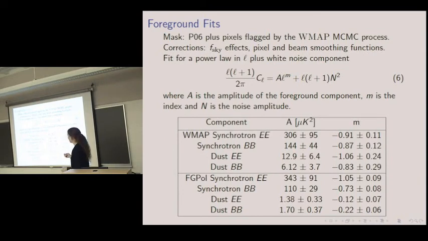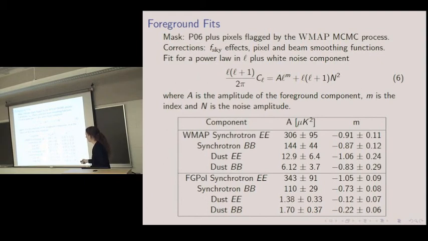So this is along the same lines as the analysis the WMAP team did. We include corrections due to the f-sky effects and pixel beam smoothing. And when we perform the fit on the power spectrum of the model, we come up with very good agreement with the WMAP data in the synchrotron case.